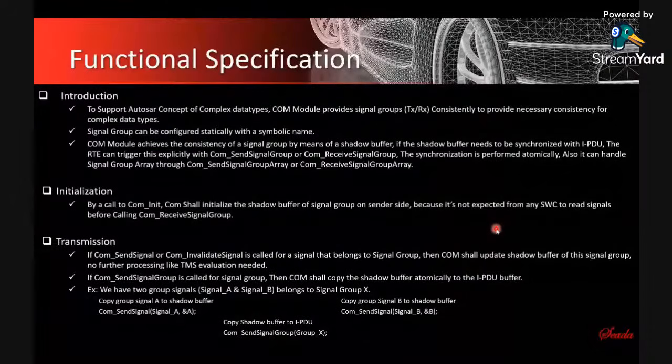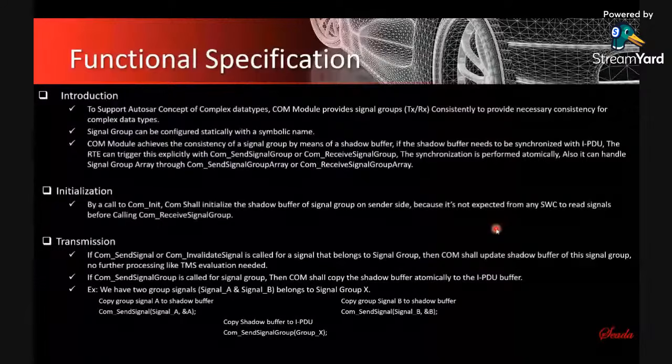With the first signal being UINT8, I need to take 1 byte. The second signal being UINT32, I need to take 4 bytes. It's not efficient. It takes more time from the COM to check the data type and everything. That's why we added the concept of signal groups at this point, to make it more efficient.